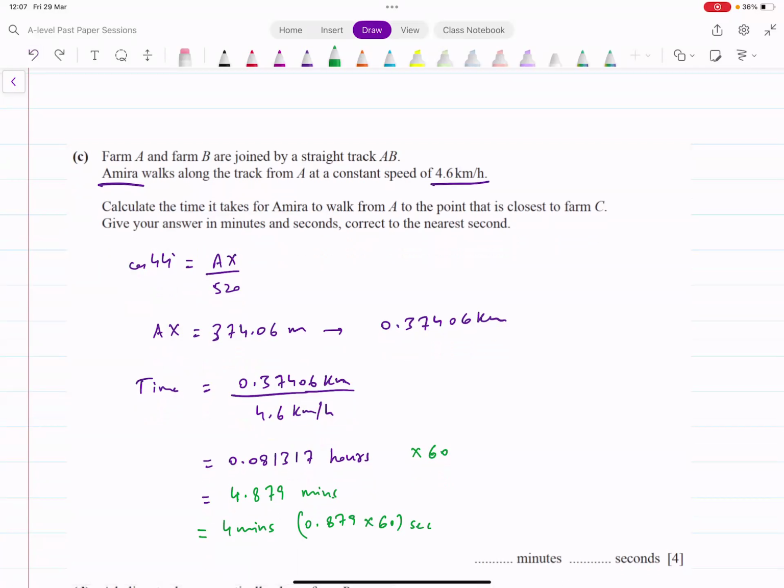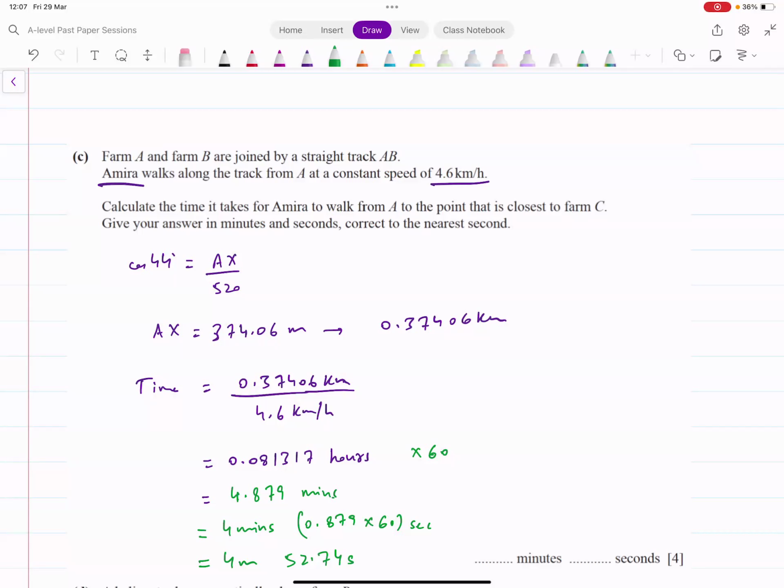What does that give us? 4 minutes and 52.74 seconds. Now the question says you have to give your answer correct to the nearest second.